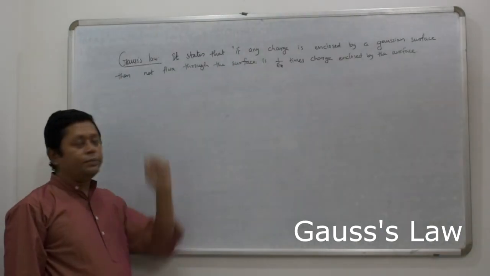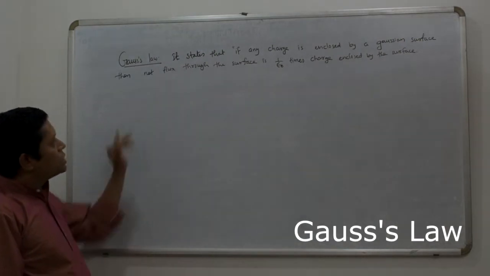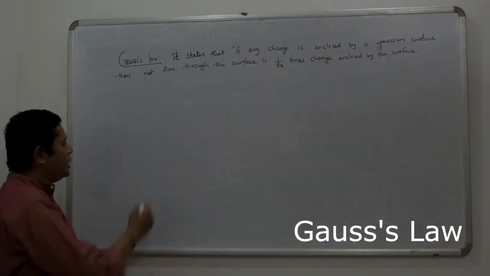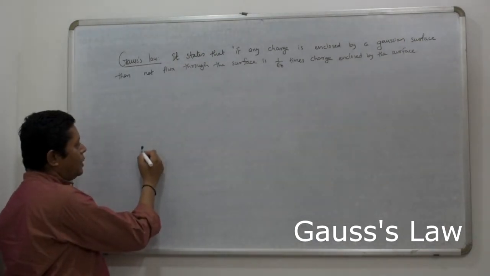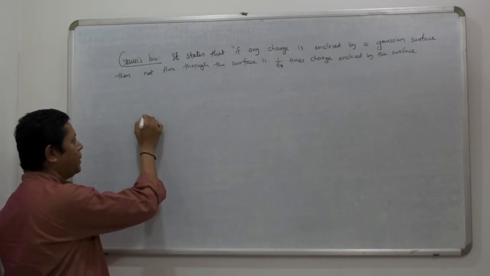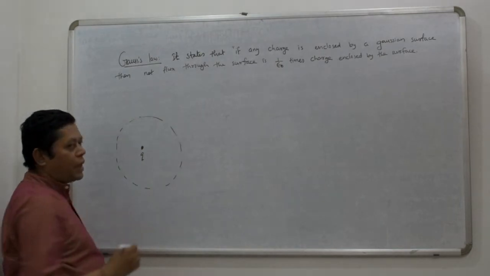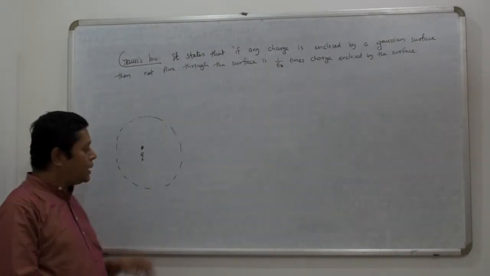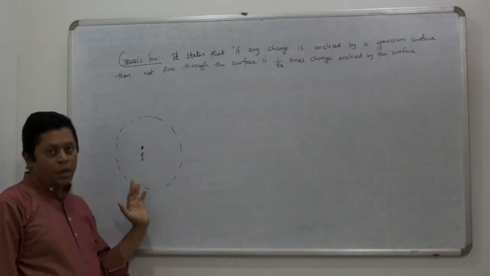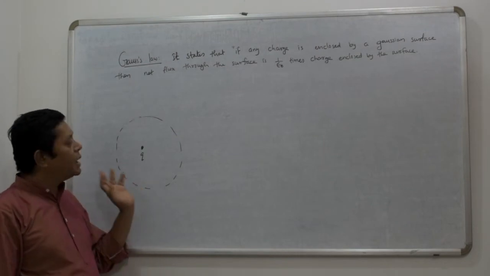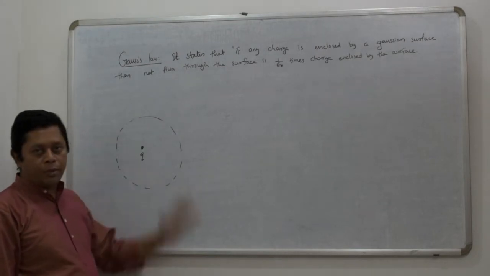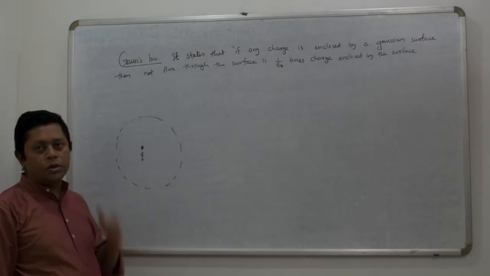Next is Gauss law. What it says is that suppose any charge is enclosed by a Gaussian surface, which is an imaginary surface drawn around the charge. It is not necessary that the surface drawn be of regular shape. It can be regular or irregular, whatever the shape, it should enclose the charge.